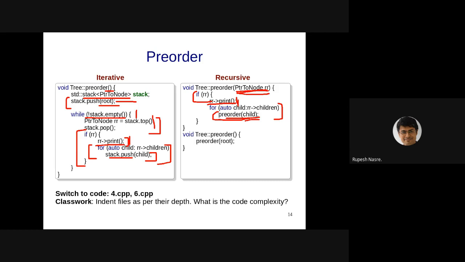Okay, Mayank says n square. Shamia says n square.